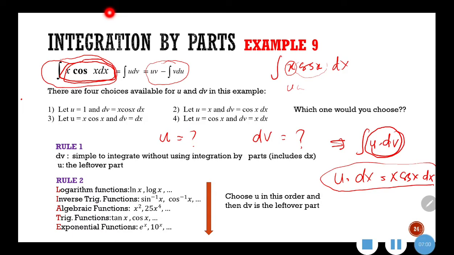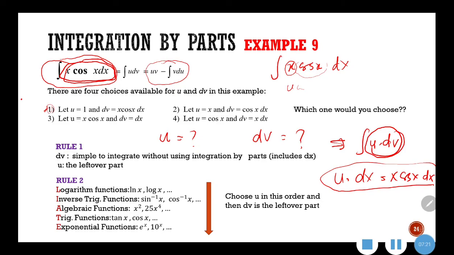Okay, so here are the options that we can choose. Okay, we let u equals 1. Then kalau let u equals 1, maknanya the remaining will become dv, x cos x dx. Yang ni tak ada makna lah. It will be the same as the function that we have been trying, macam soalan je.